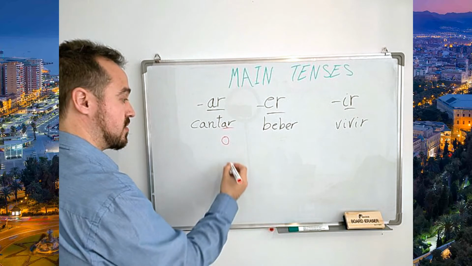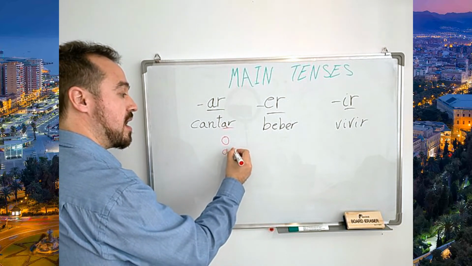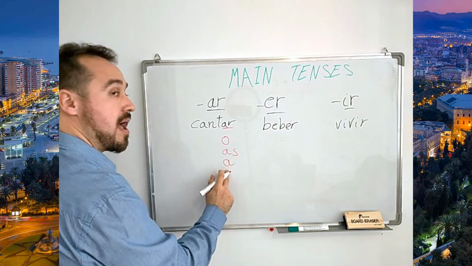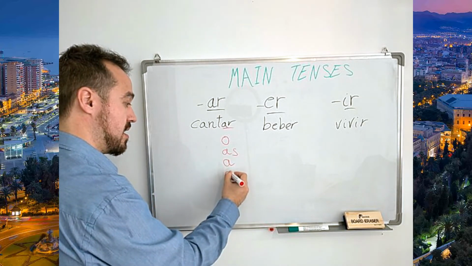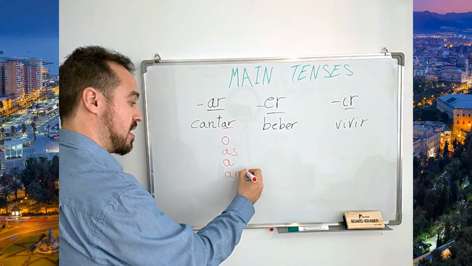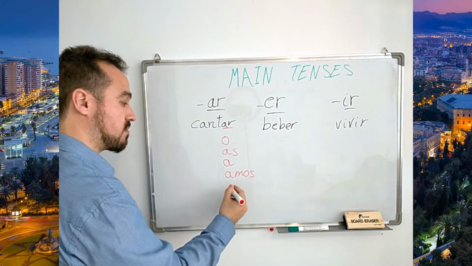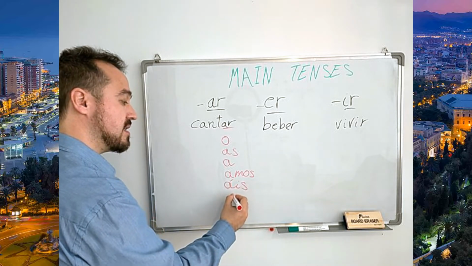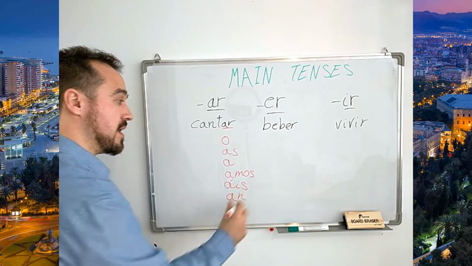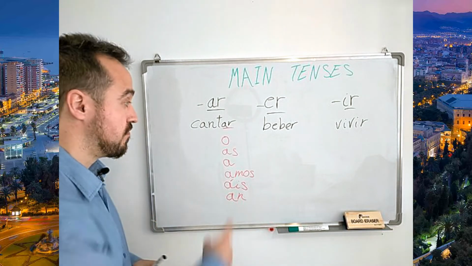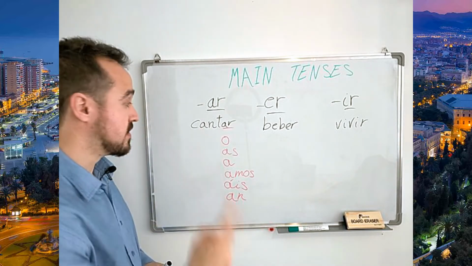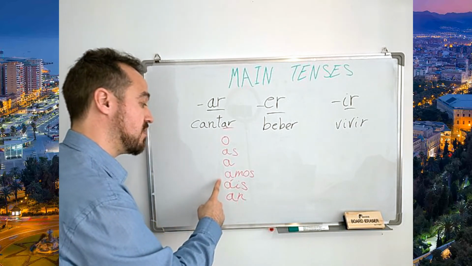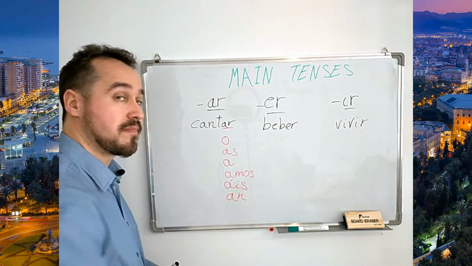O, as, a, amos, áis, an. So cantar becomes canto, cantas, canta, cantamos, cantáis, cantan.